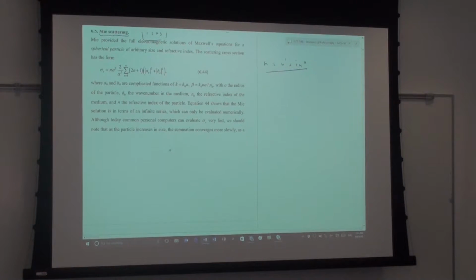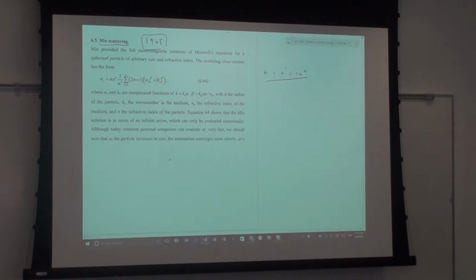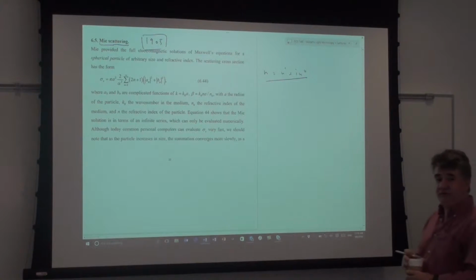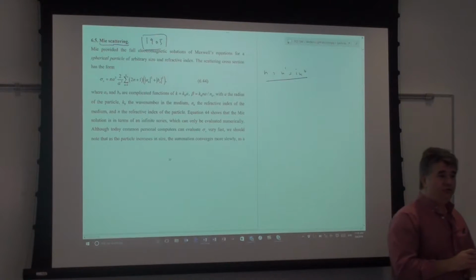If you Google, you find a MATLAB file that calculates this, and there are websites, at Oregon I think, that have this ready to go. And I have to say that because it's so easily available, we tend to overuse it.